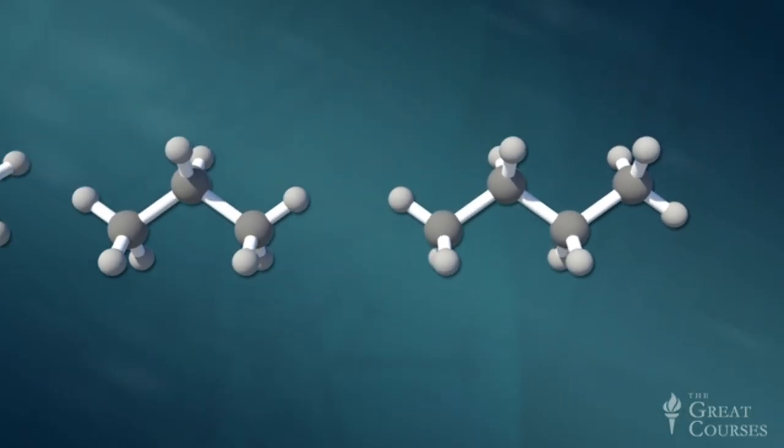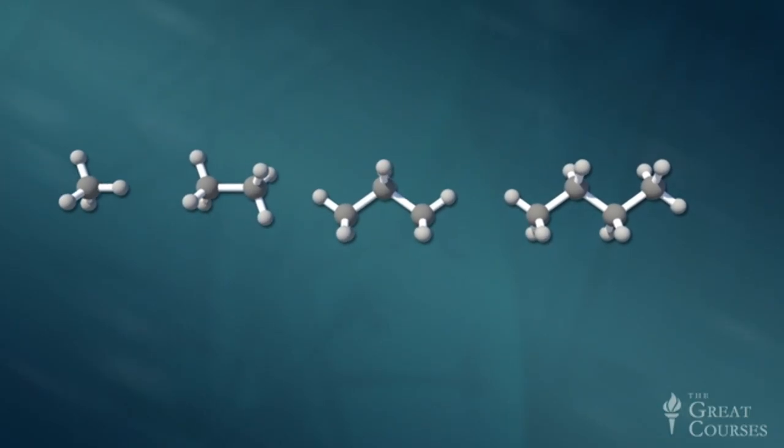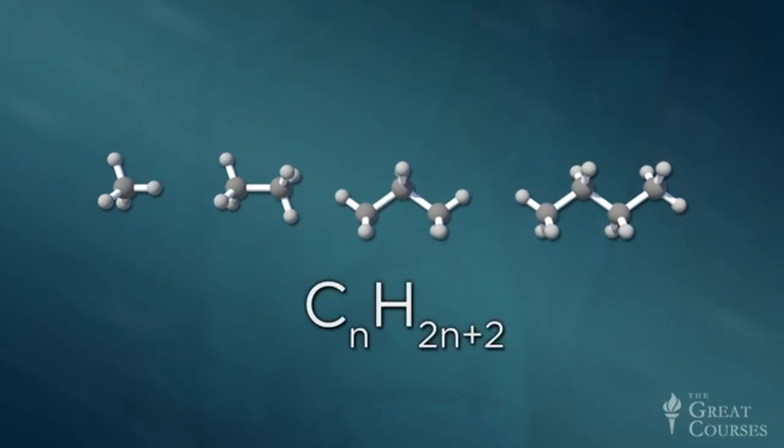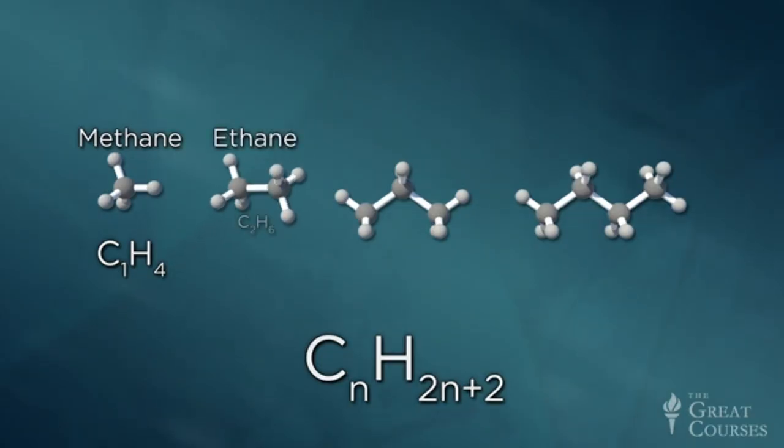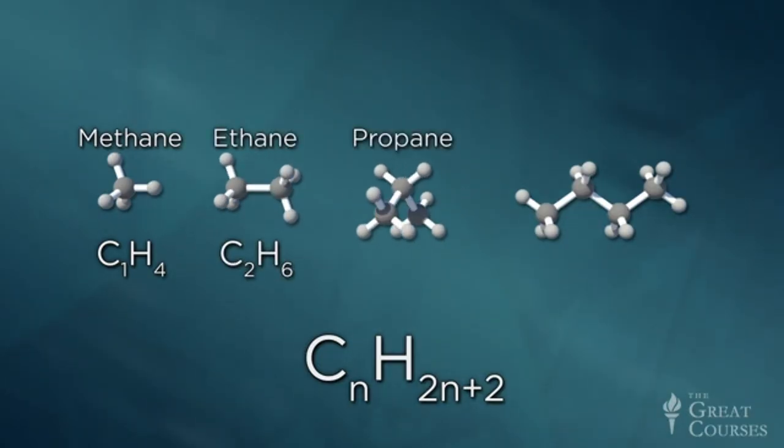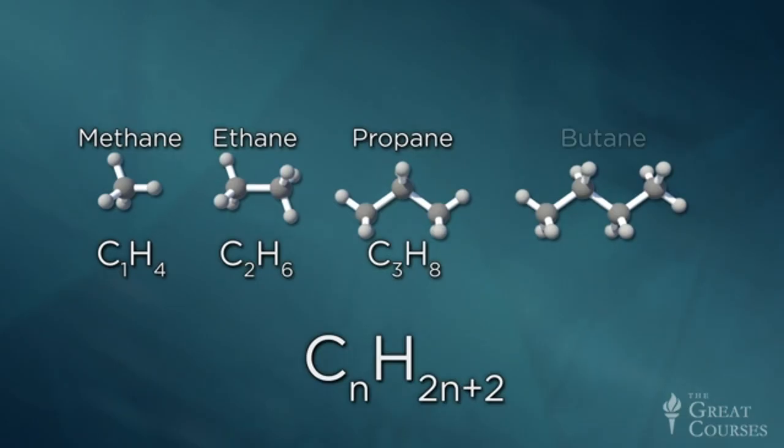As a result of this molecular structure, the general chemical formula for an alkane is CnH2n+2, where n is the number of carbon atoms. The simplest and lightest alkane is methane, CH4, the principal component of natural gas, with 1 carbon and 4 hydrogen atoms. Now add more carbon atoms to the chain and you'll get ethane, C2H6, propane, C3H8, and butane, C4H10.